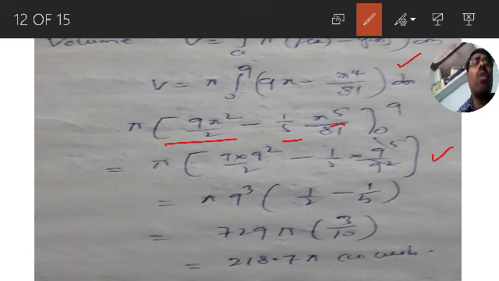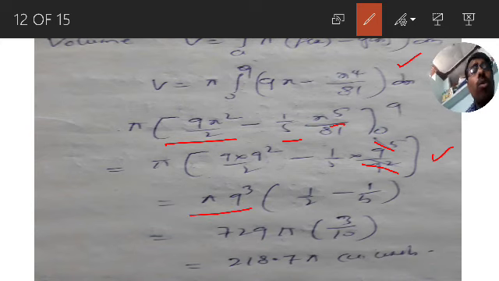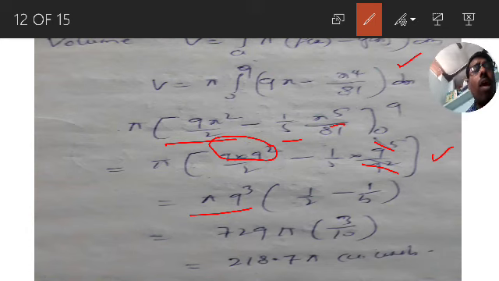Substitute: pi into 9 square by 2 minus 1 by 5 into 9 power of 5 by 81, which can be 9 square. 9 square cancels, and you will get 9 cube. That 9 cube can be taken outside of both terms, since here also 9 cube you are having, and here also 9 cube. So pi into 9 cube outside, 1 by 2 minus 1 by 5.